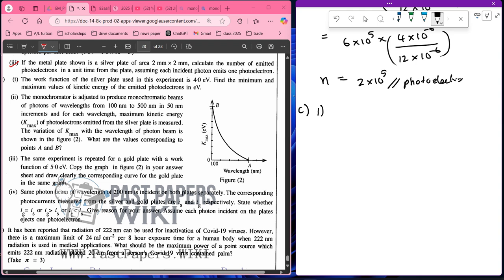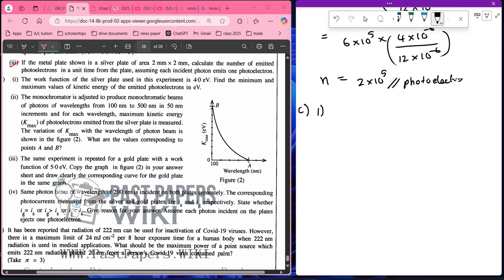An electron can absorb the whole 12.4 electron volts and come to the surface, but the electron cannot move from the surface unless it overcomes the work function energy of 4 electron volts, as given in the question. That means 4 eV is released.